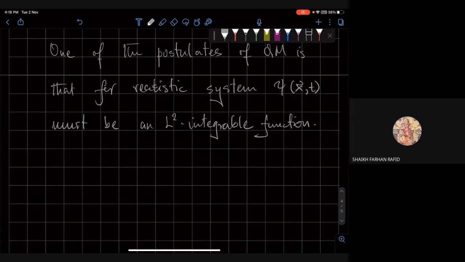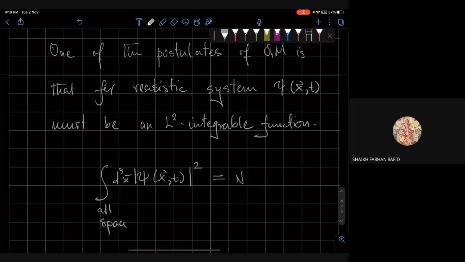It means that if I take the modulus of psi squared, let me just write the argument, the modulus of psi squared, and integrate it over all space, then this will not diverge. This is some constant, say n, and this will not diverge, okay?